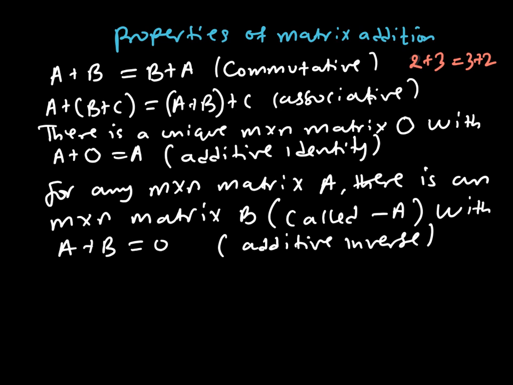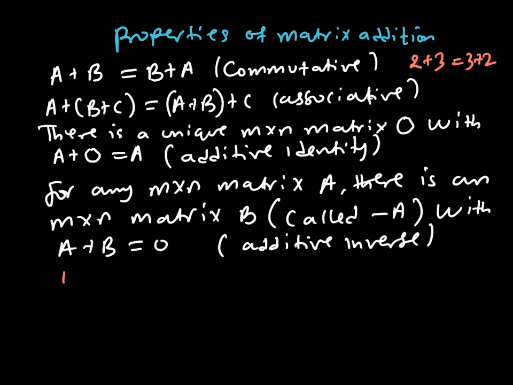If we have three matrices A, B, and C, and we want to add A to the sum of B and C, it will be exactly the same as adding C to the sum of A and B. In that case, we see that matrix addition is associative. Then there is a unique M by N matrix 0 with A plus 0 equal to A, and that is the additive identity. What do we mean by this?